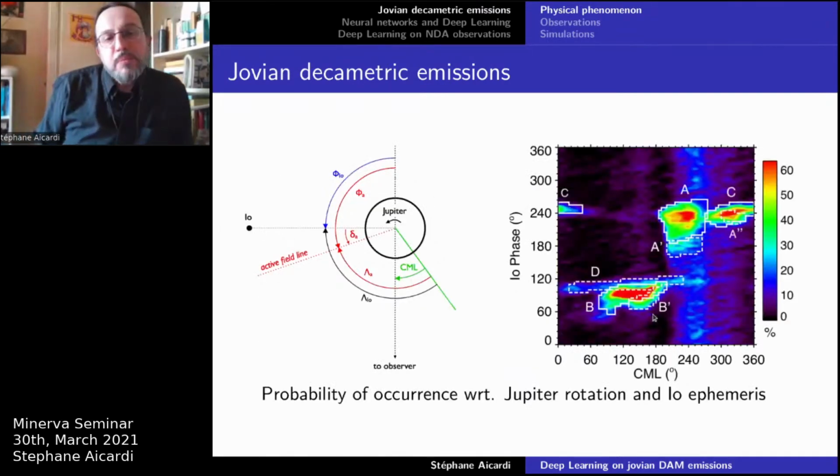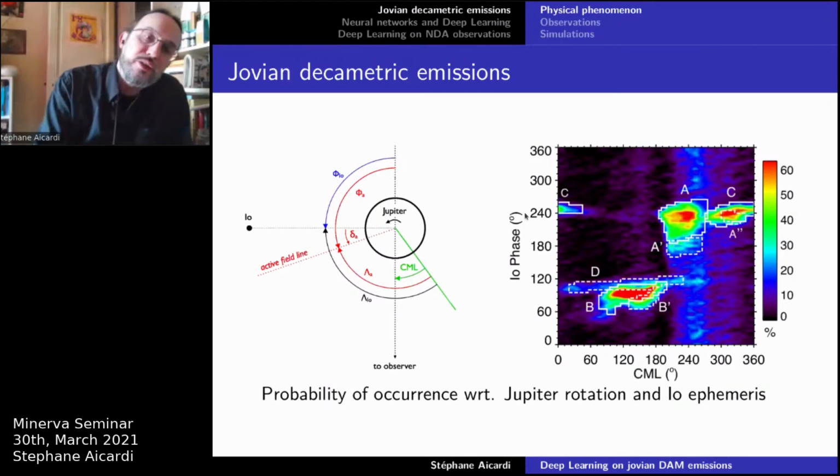Here I plot the probability of occurrence of those emissions with respect to the longitude of Jupiter in its rotation and the phase of Io.